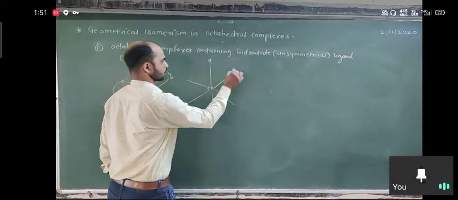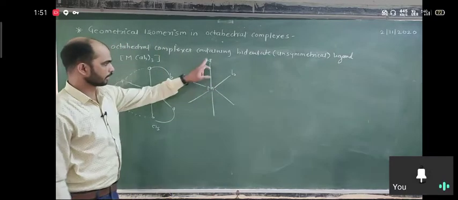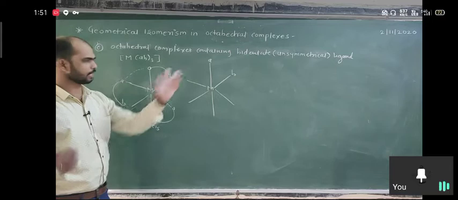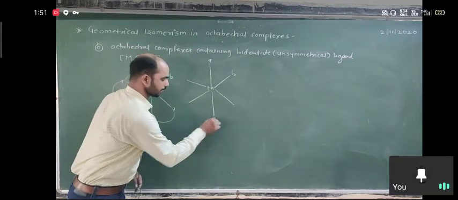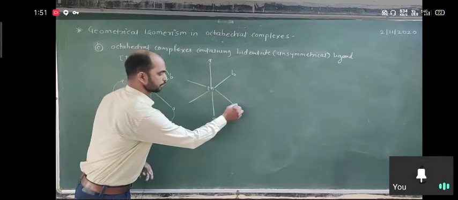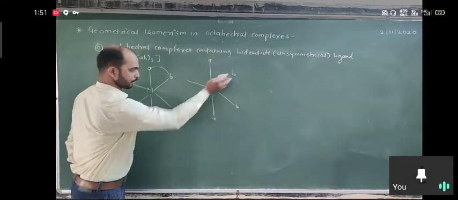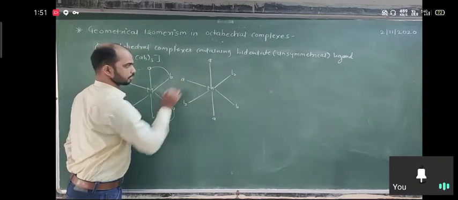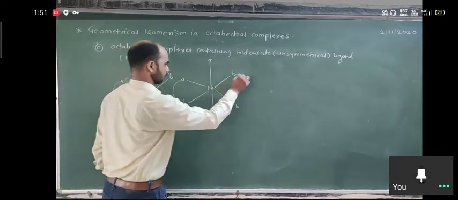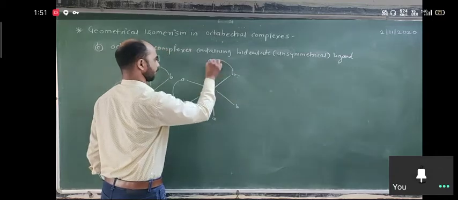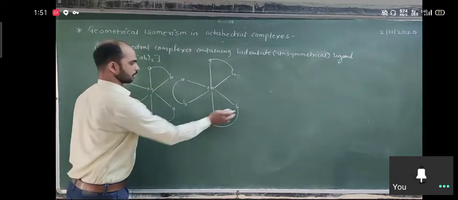suppose first we draw A and B. You can draw A, B anywhere. If A is here, make the A opposite to each other, so B is here. Make B here and A here, so these are linked together. So what happened?